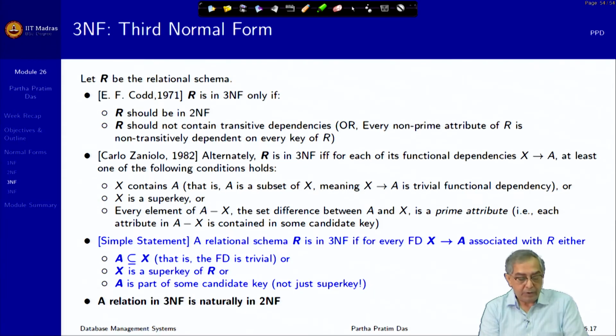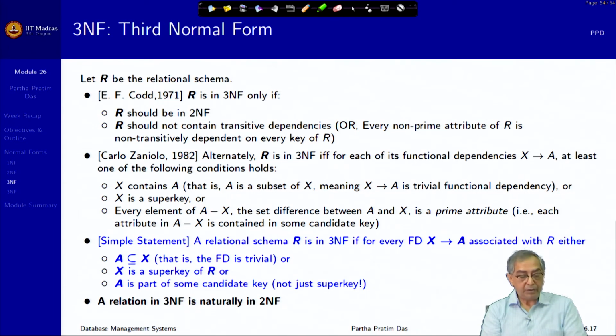Now, going forward, the next is third normal form. If you have redundancy left after the second normal form, you go to the third normal form. Third normal form has evolved over a period of time through independent work. So, the first two definitions, which I will not go through, are just more for reference.